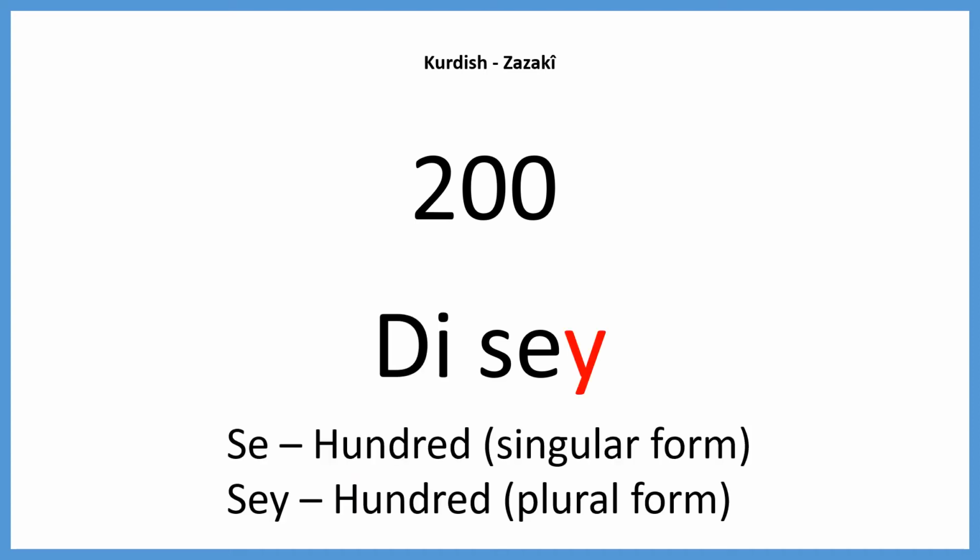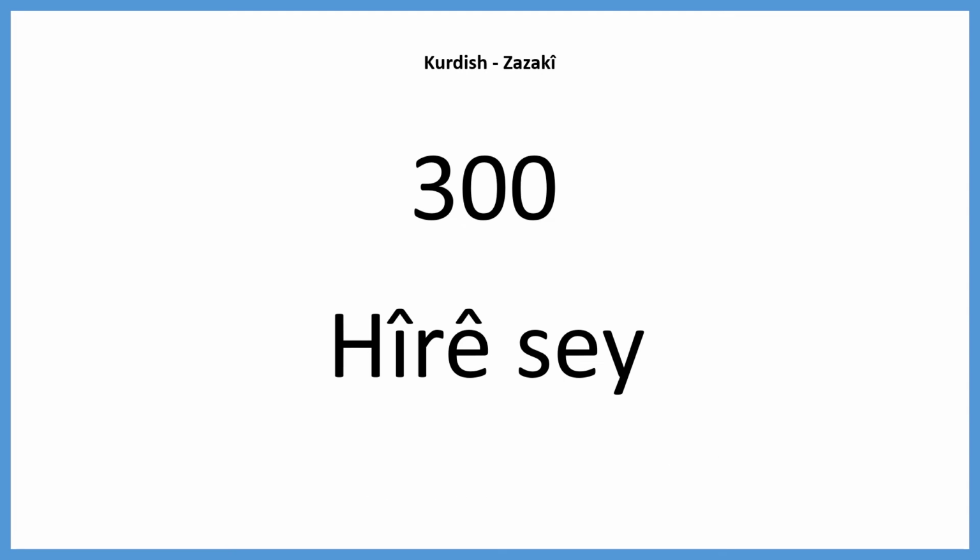When we have any multiple of 100, se becomes say. Se is the number 100 in the singular form, whereas say is the number 100 in the plural form. So 300 would be hire say.